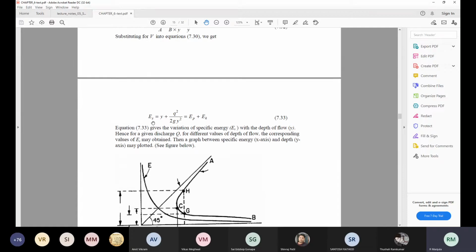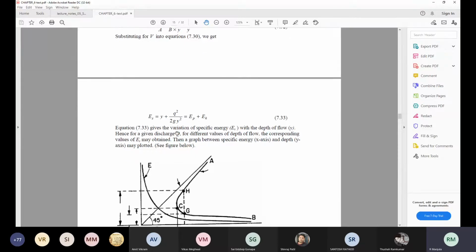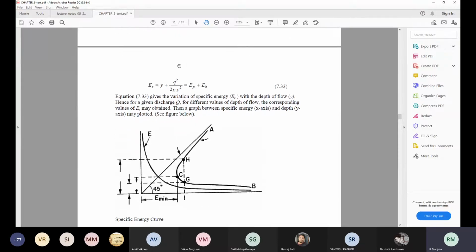And what is your energy? The specific energy is nothing but Y plus V square by 2g. For V square by 2g, we are substituting small q by Y, so E is equal to Y plus q square by 2g Y square, which is EP plus EK. I think this is what we discussed in the last class, right?